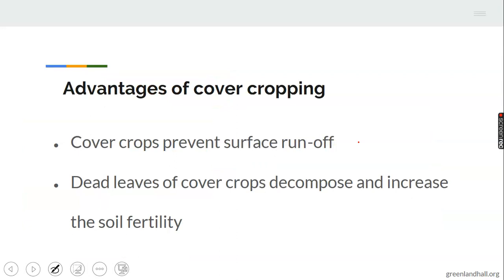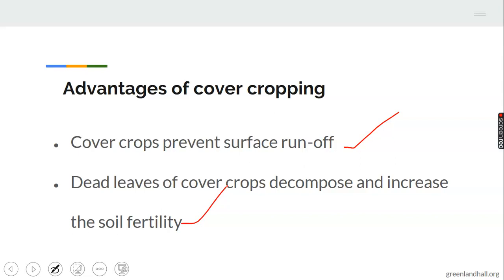Okay, let's see the advantages of cover cropping. 1, cover crops prevent surface runoff just like mulching. They prevent surface runoff, prevent evaporation. As well, you remember in mulching we said the materials decompose and add nutrient to the soil.